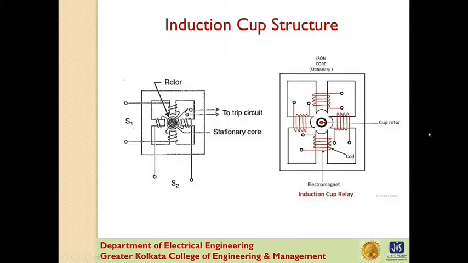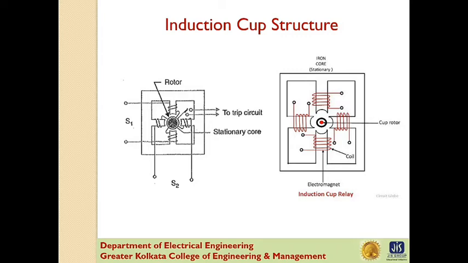This figure shows the general arrangement of an induction cup structure. It most closely resembles an induction motor, except that the rotor iron is stationary, only the rotor conductor portion being free to rotate.